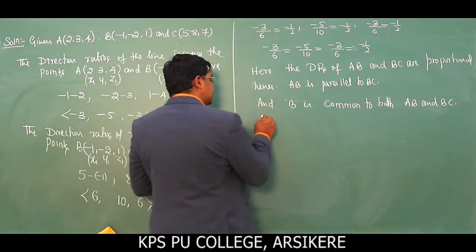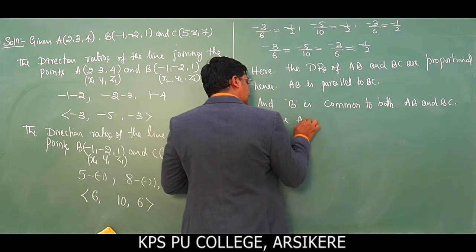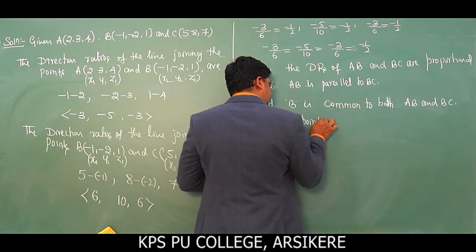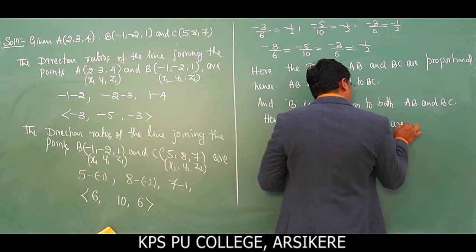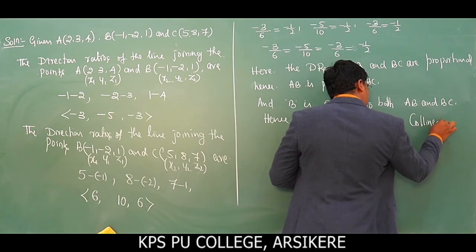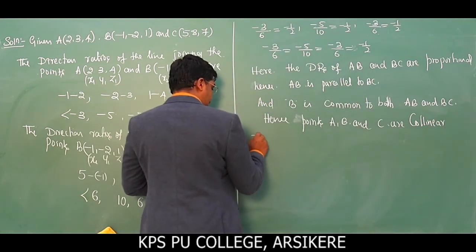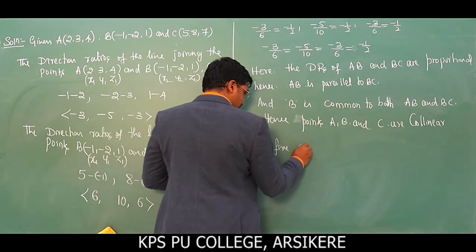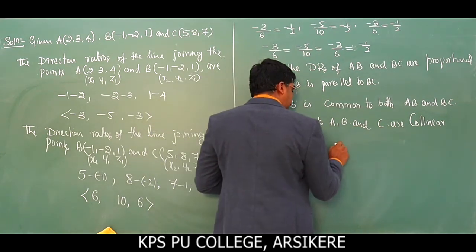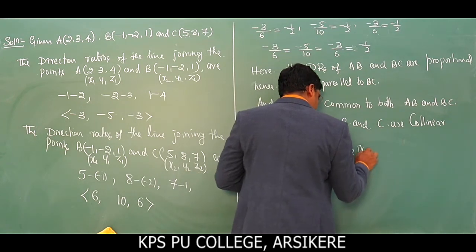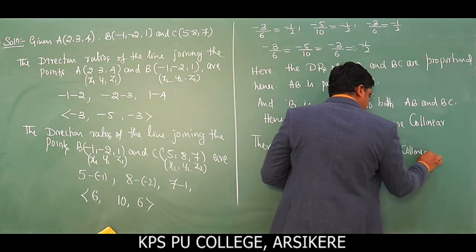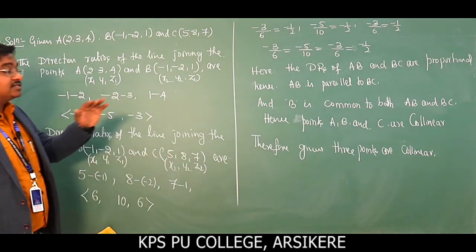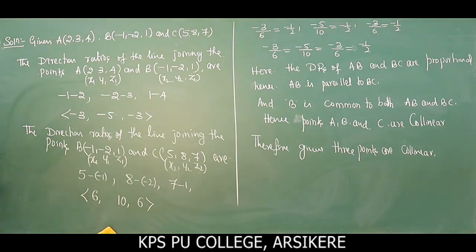Therefore the given 3 points are collinear. This is the method to show that the given 3 points in 3-dimensional space are collinear.